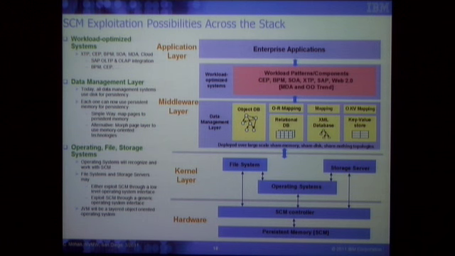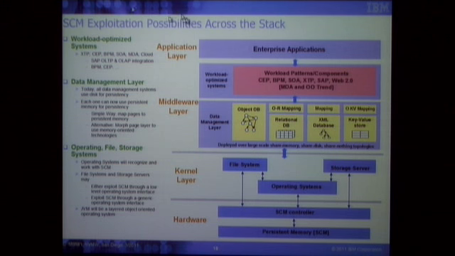Okay, so there are people who are now exploring all those things in the context of DRAM, as well as in projects like ours, trying to look at what the implications would be if instead of DRAM, or in addition to DRAM, you're going to use something like PCM. So this picture just tries to show how across the whole stack you might try to leverage something like PCM or SCM, whatever you want to call these things.